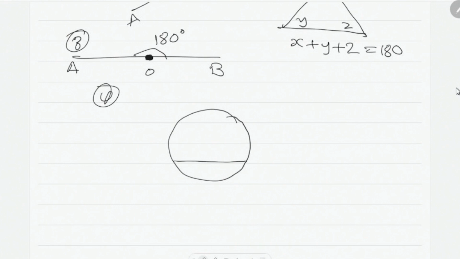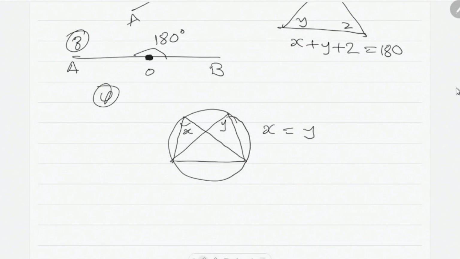And angles in the same segment are equal. That is a property you need to know. For example, when I draw a line like that, this is angle X, and then I also have angle Y. So we can say X is equal to Y, because these are angles in the same segment.